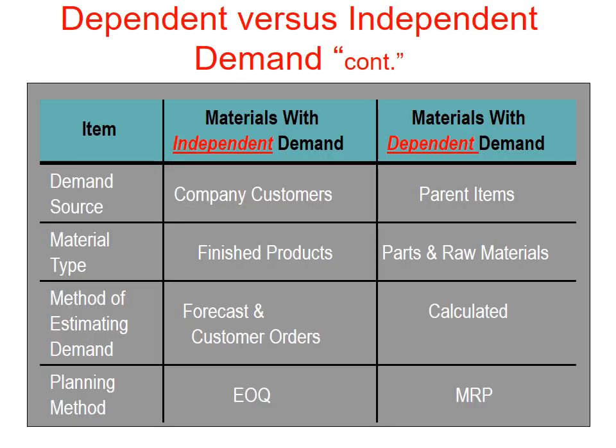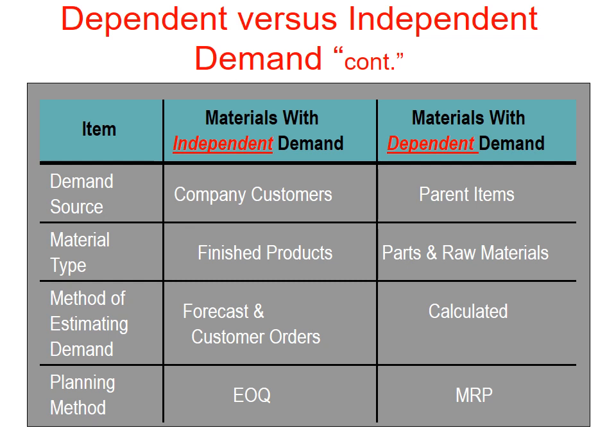This table represents the difference between materials required with independent demand and the materials required for dependent demand. Demand source: company customers. The other is parent items. Materials type: finished products.